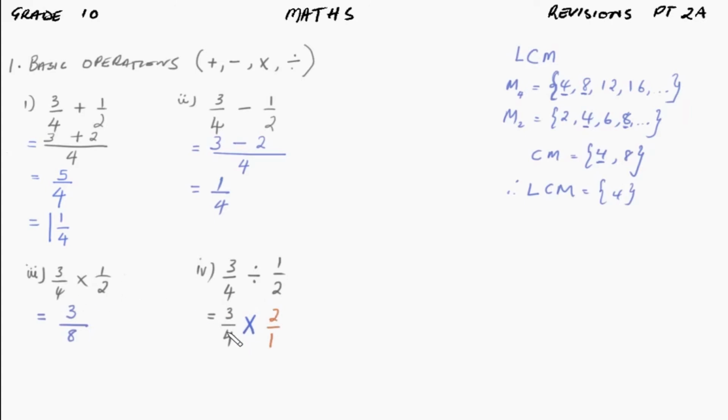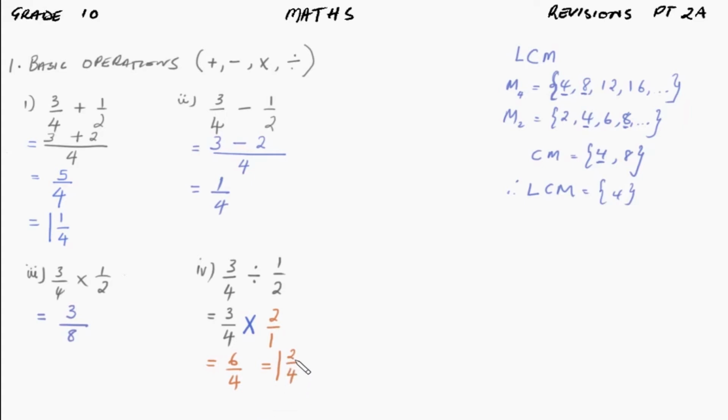So what do we do now? We just multiply the numerator by the numerator. So we are going to have 3 times 2, 6. Okay? 4 times 1, 4. All right? So we have an improper fraction. So the answer would be 4 into 6 goes once. It leaves 2 over 4.